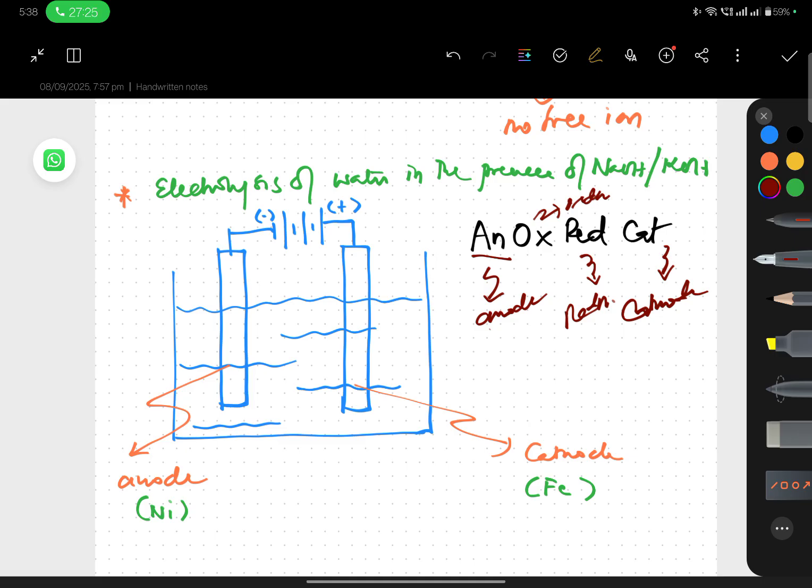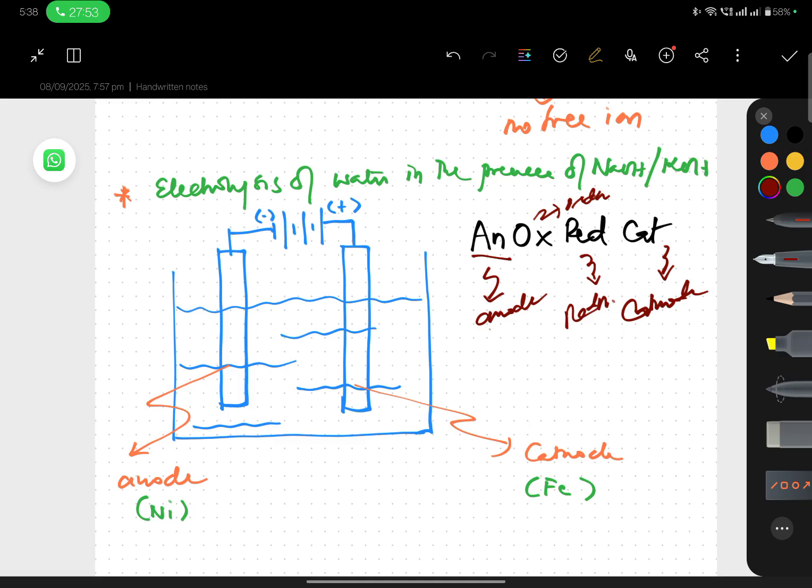So what will happen at anode? Oxidation. What is oxidation? Loss of electron. What will happen at the cathode? Mnemonic, red cat.